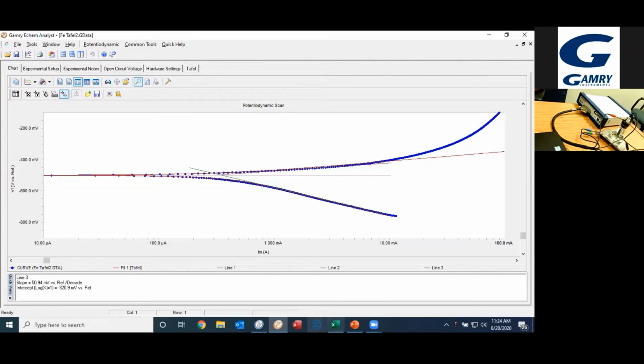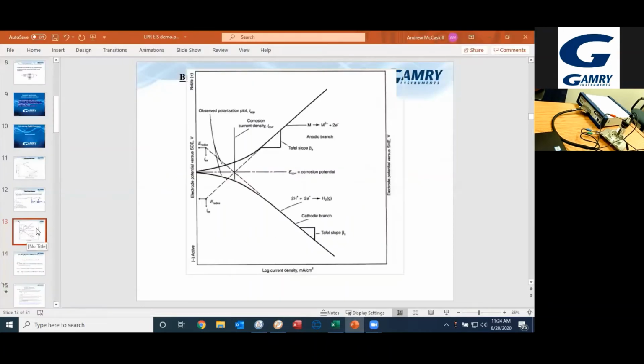Based on what we looked at from this plot, both of these extrapolated lines should cross over at our E-corr, and they should fall right on I-corr. All this goes back to the beginning when we talked about the mixed potential theory, and that the rate of the anodic branch has to be equal to the rate of the cathodic branch, and they're all going to be meeting right at I-corr. So it's just coming back to the theory involved with using this technique.